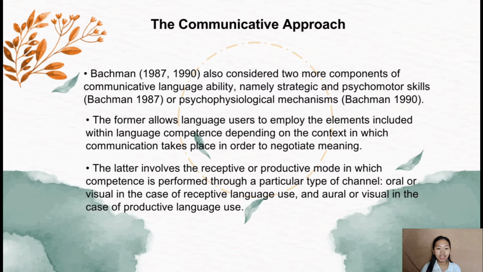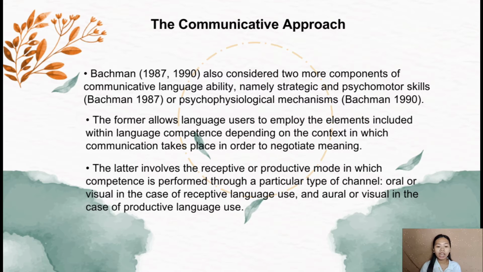Bachman in 1987 and 1990 also considered two more components of communicative language ability, namely strategic competence and psychomotor skills, or the psychological mechanism. The former allows language users to employ the elements included within language competence depending on the context in which communication takes place in order to negotiate meaning.